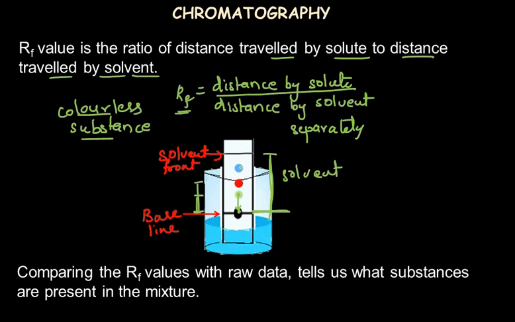Here we can see blue, red and green spots, but the colorless spots won't be visible. So what we can do is, once the solvent has traveled a certain distance, we can stop it. Then we dry the chromatogram, and the spots still won't be visible.